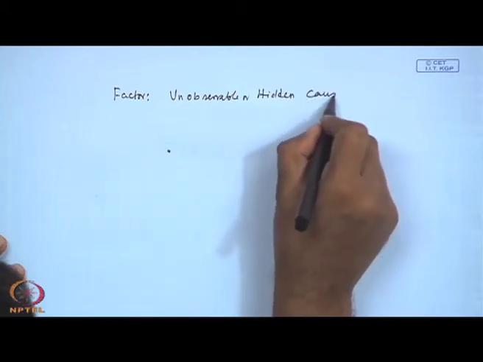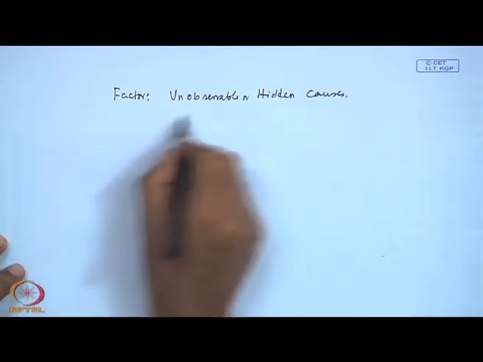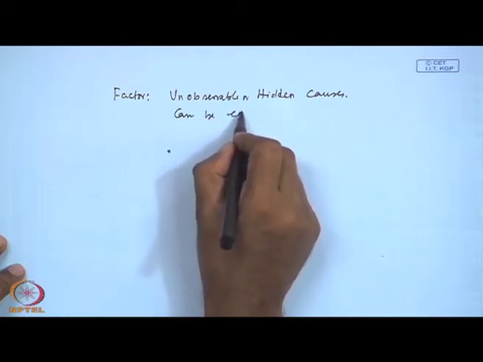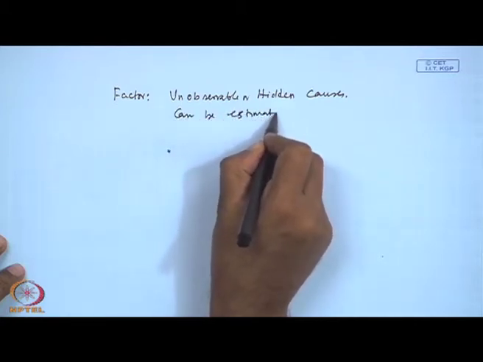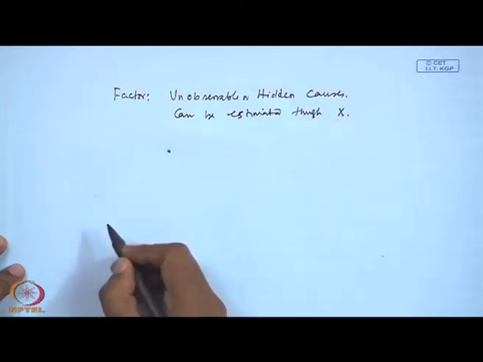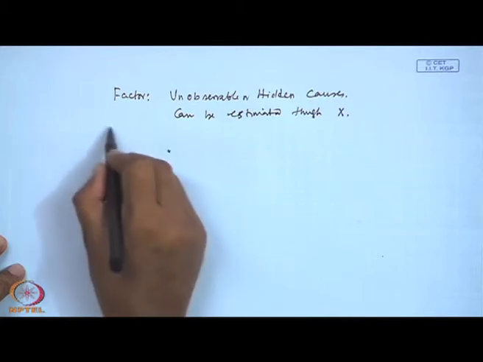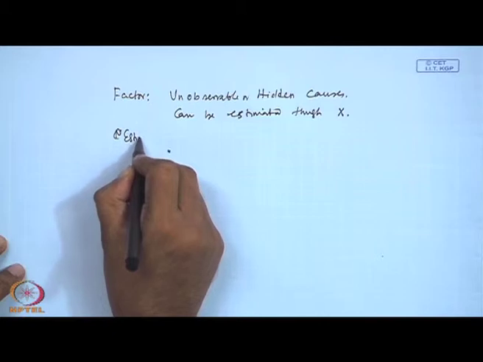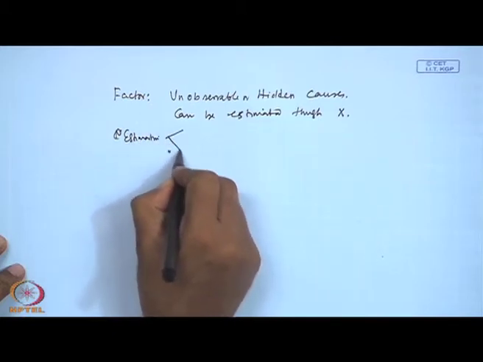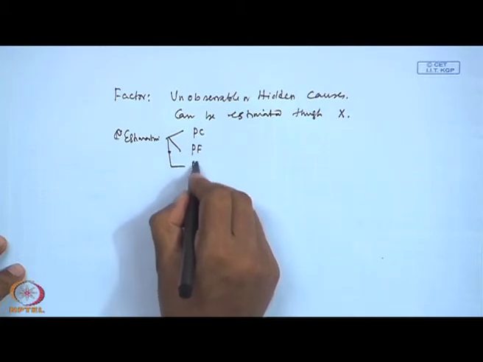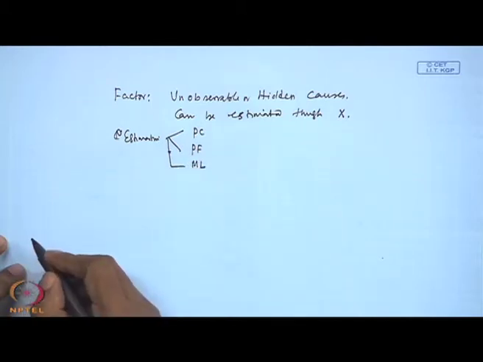We say these are the causes, and they can be estimated through the manifest variable x. There are estimation methods: principal component method, principal factor method, maximum likelihood method.